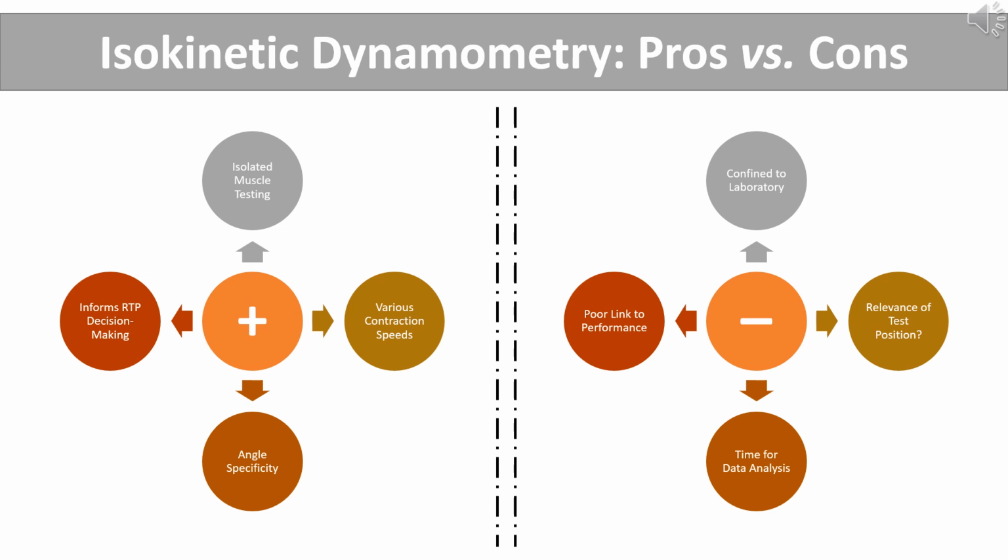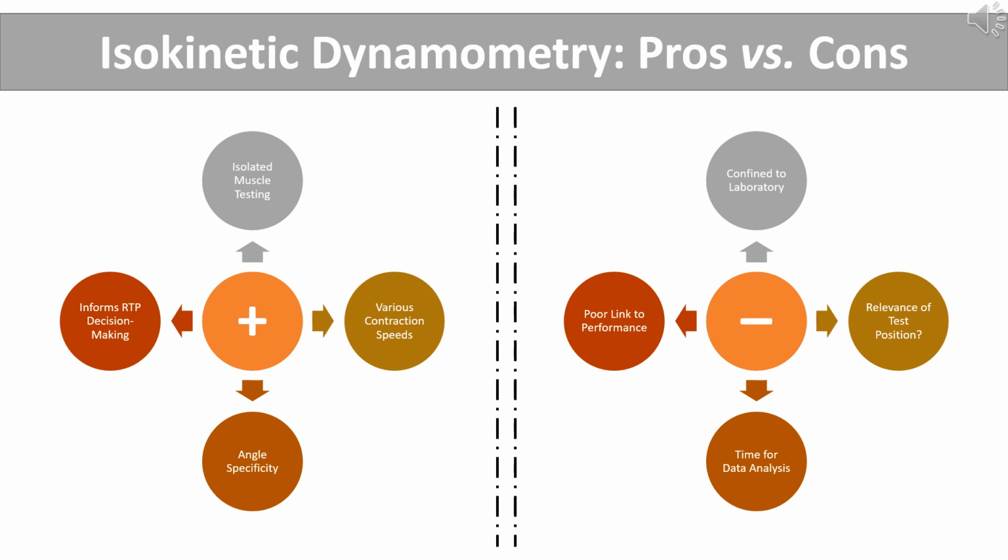We also need to consider the relevance of the test position, because as advantageous as it is to be able to assess isolated muscles at various contraction speeds, the testing is almost always done in a seated position, and the mechanism of hamstring injuries in football is very rarely in a similar position.